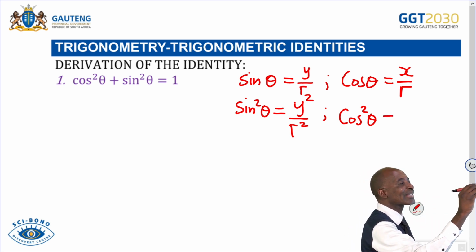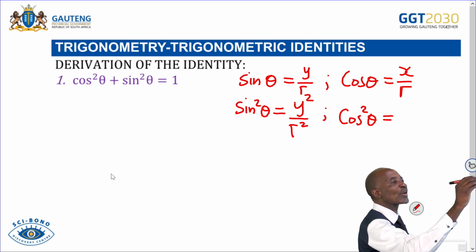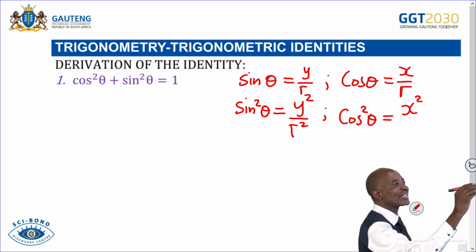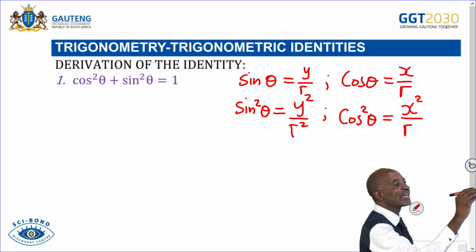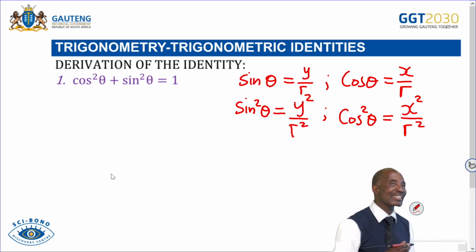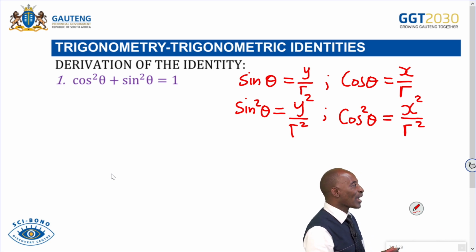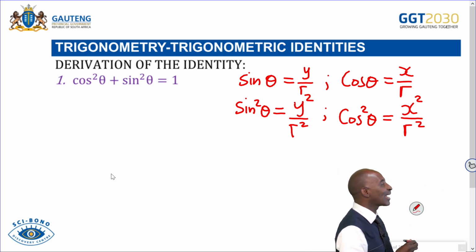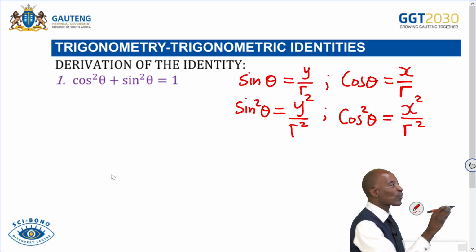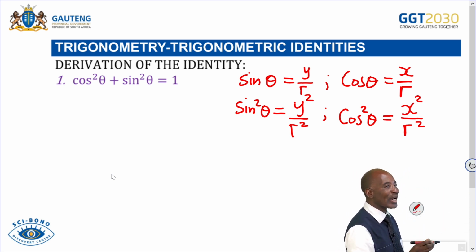So since I have squared the left-hand side, I'm also going to square the right-hand side on this equation, which gives me r squared, x squared divided by r squared. Right, according to this identity, we are supposed to add these two and see what happens. I'm going to add the two. How do I add the two?